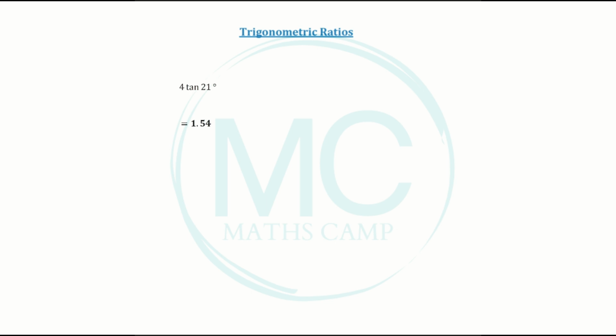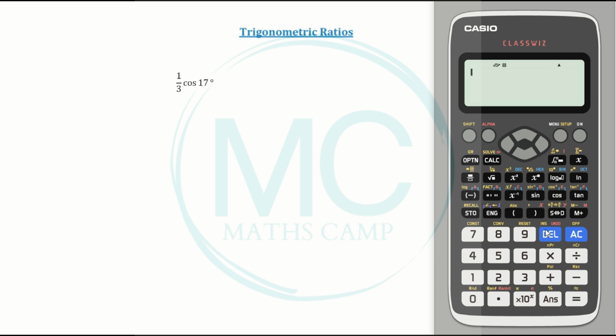Let's look at 1 over 3 cosine 17. Now, we can read this as 1 over 3 multiplied by cos 17, or we can read it as cos 17 divided by 3. The way you read it will determine what you put into your calculator. So let's open our calculators, and we can say cos 17 divided by 3 is equal to 0,995.